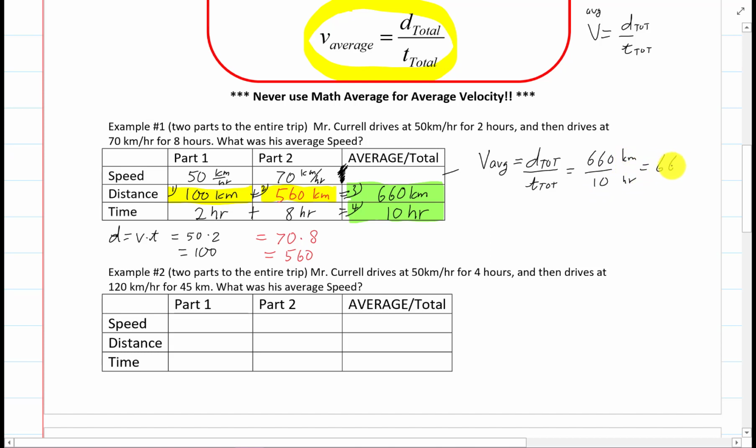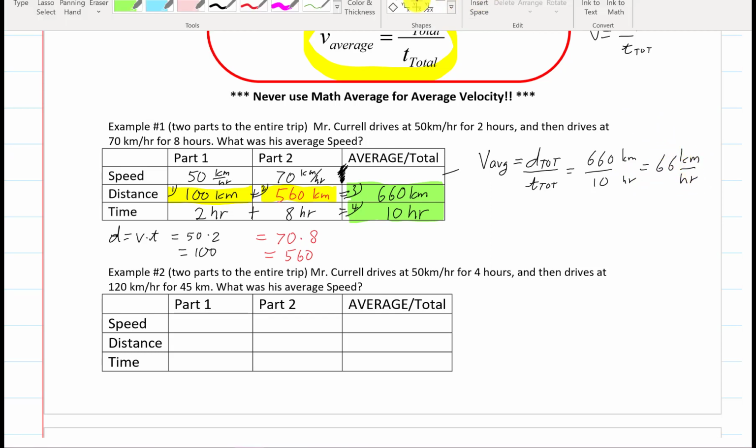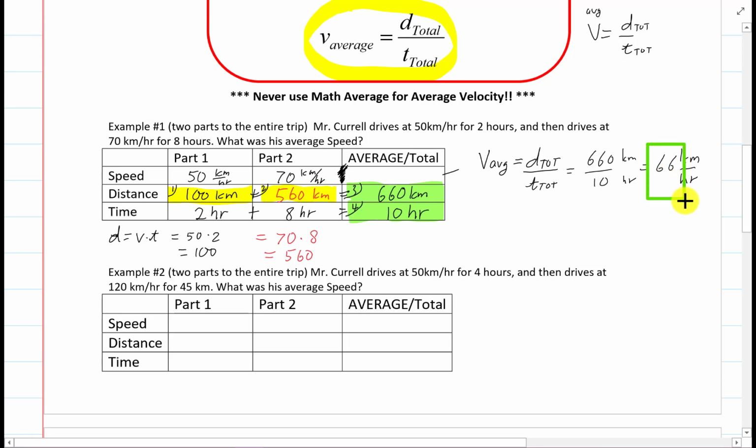And this will just be 66 kilometers per hour. Those people that are a little bit OCD will have to fill out the table and put 66 there, but I'm just going to write down 66 over here. Done. Okay.